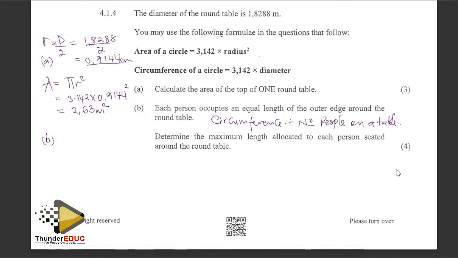All right, so now we're going to use, it says circumference equals pi d.